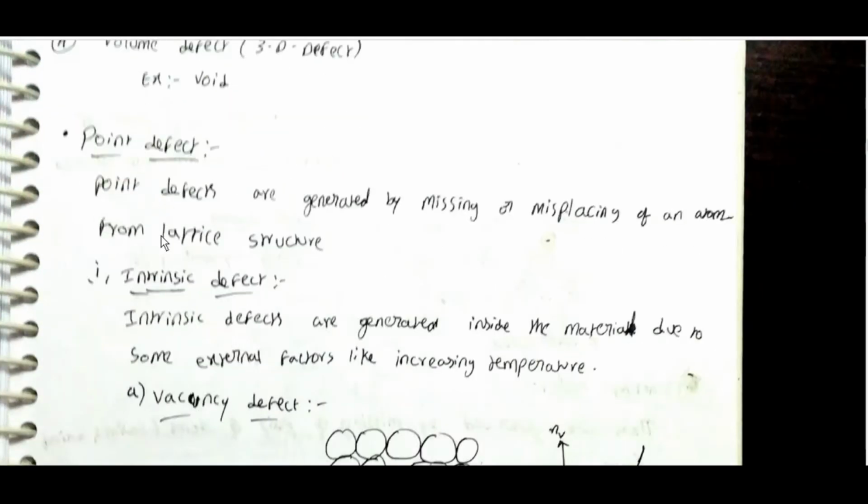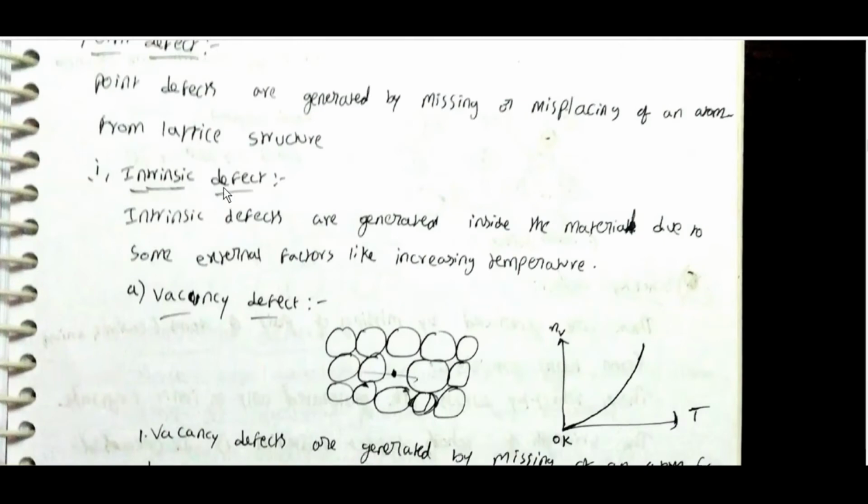Point defects are generated by missing or misplacing of an atom from the lattice structure. Intrinsic defects are generated inside the material due to some external factors like increasing temperature. Vacancy defects: nv depends on temperature; as temperature increases, the number of vacancy defects increases.